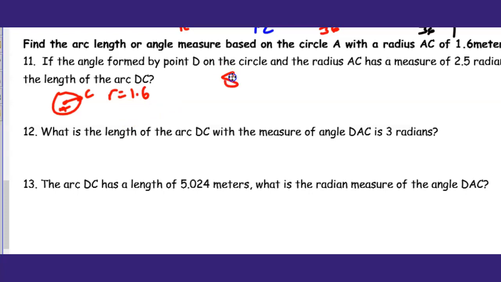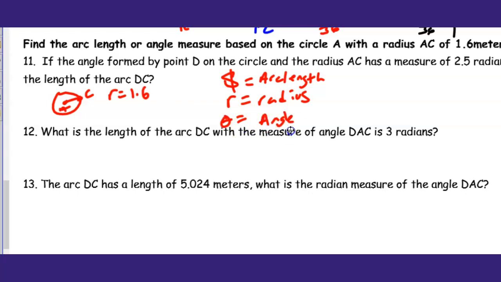Now, if you remember the equation, S stands for arc length, R is your radius, which we have, and theta is our angle.